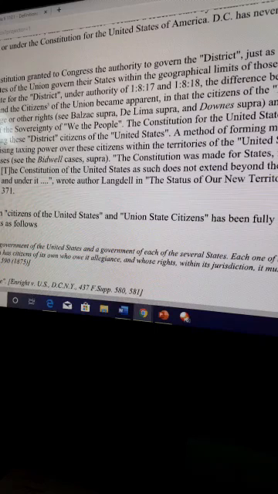The Constitution of the United States, as such, does not extend beyond the limits of the states which are united by and under it, wrote author Langdell in The Status of Our New Territories, 12 Harvard Law Review 365, 371. The distinction between citizens of the United States and Union state citizens has been fully recognized by the Congress and the courts as follows.